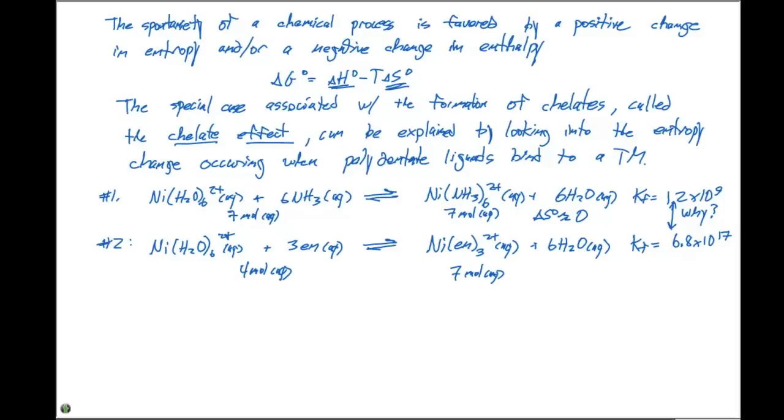When we go from 4 moles to 7 moles, the standard entropy is going to increase. If our entropy increases, that's going to make our delta G more negative.